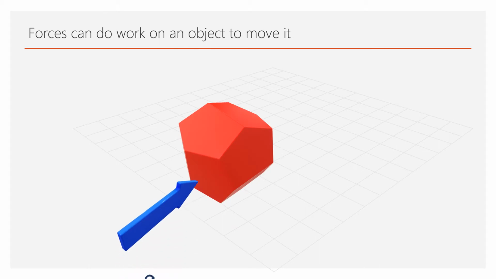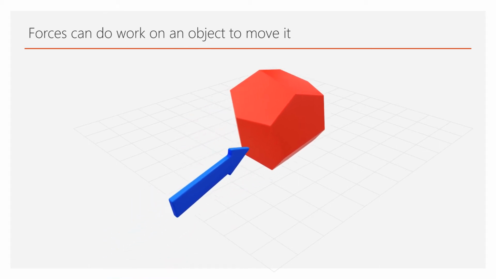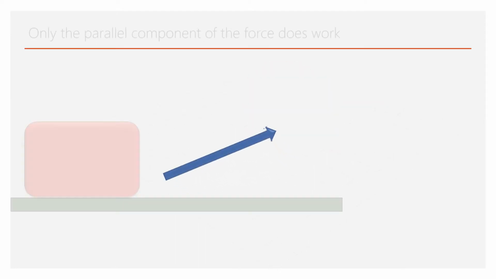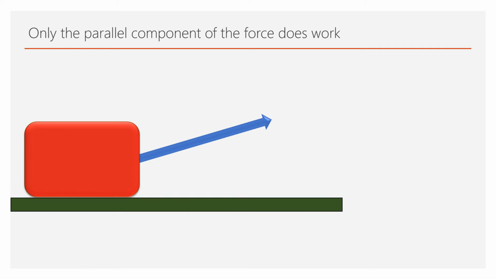Here's a boulder with a force applied to it. That force causes that boulder to move, and it moved by a certain amount called the displacement. Work is a gauge for how much effort a force does to displace an object.